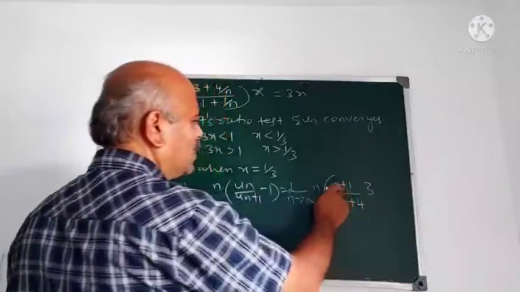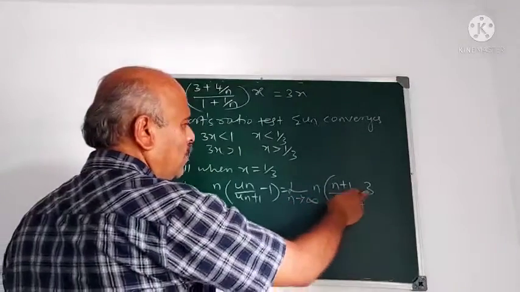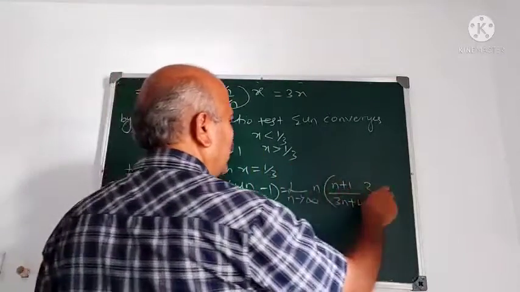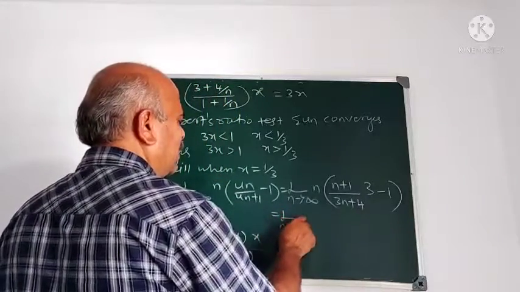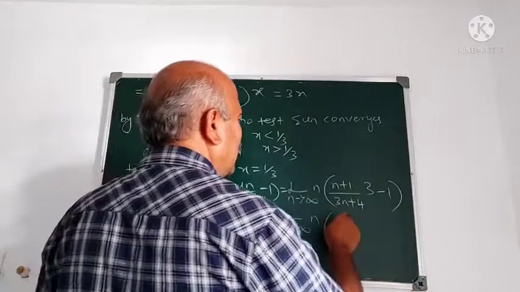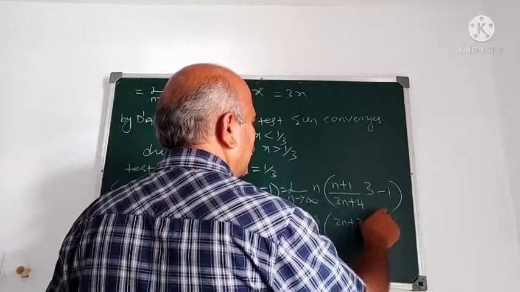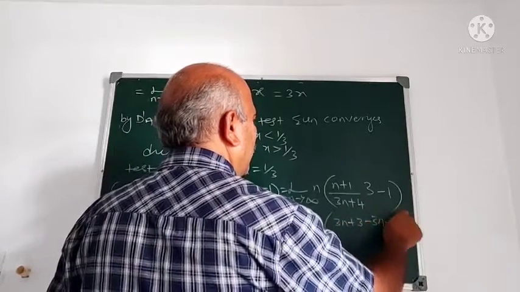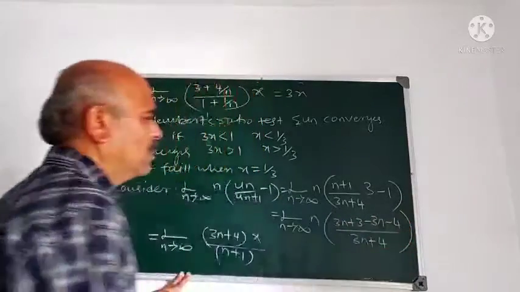This is un plus 1 upon un when x is 1 by 3, minus 1. Therefore, it is limit n tends to infinity of n into (3n plus 3 minus 3n minus 4) upon (3n plus 4).